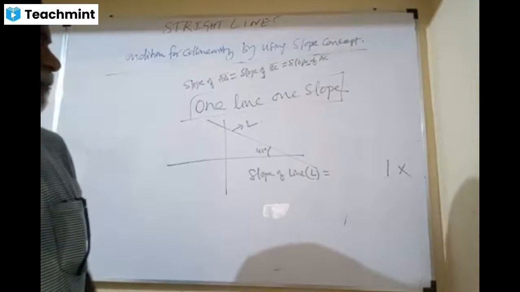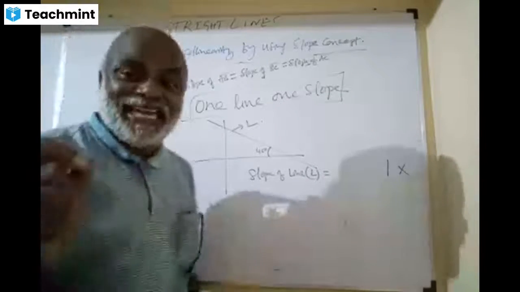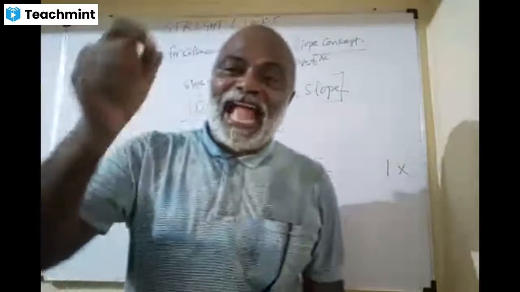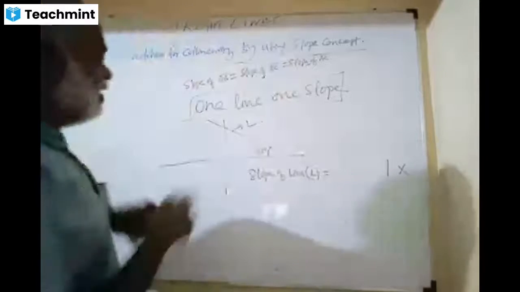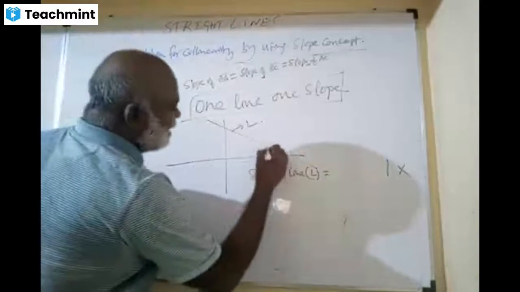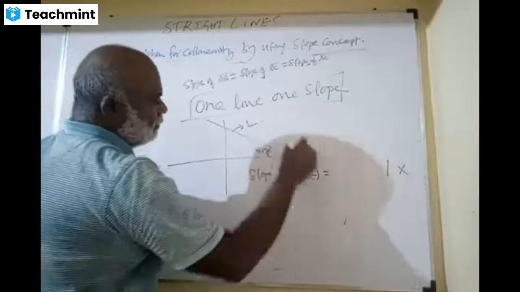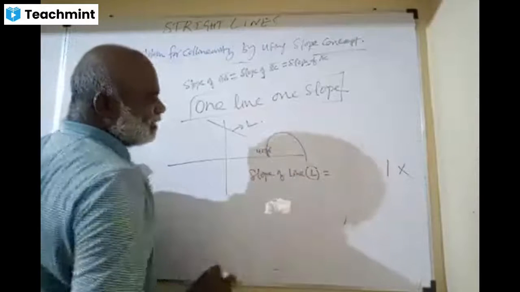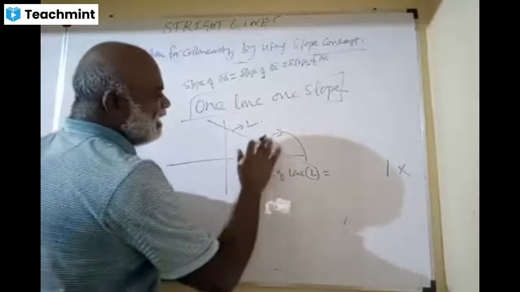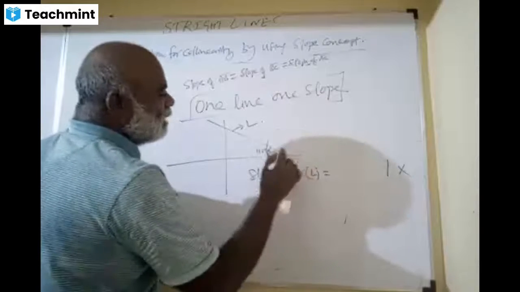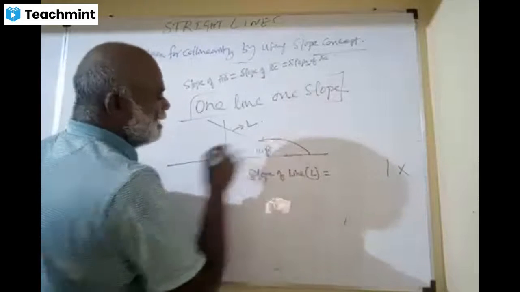It's clockwise. From the x-axis, you should measure the angle in the anti-clockwise direction. If it was clockwise, it might be different, but we said we wanted the angle in the anti-clockwise direction.